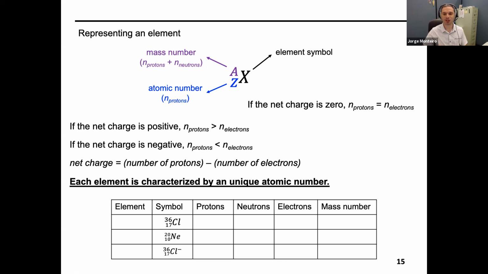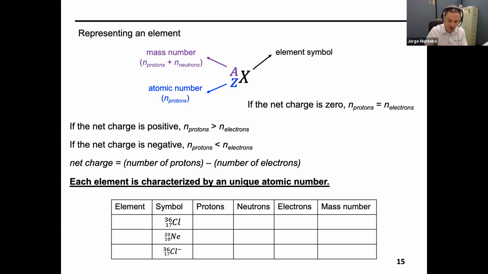If the net charge of this element is 0, the number of protons equals the number of electrons. Changing the net charge means a change in the number of electrons.